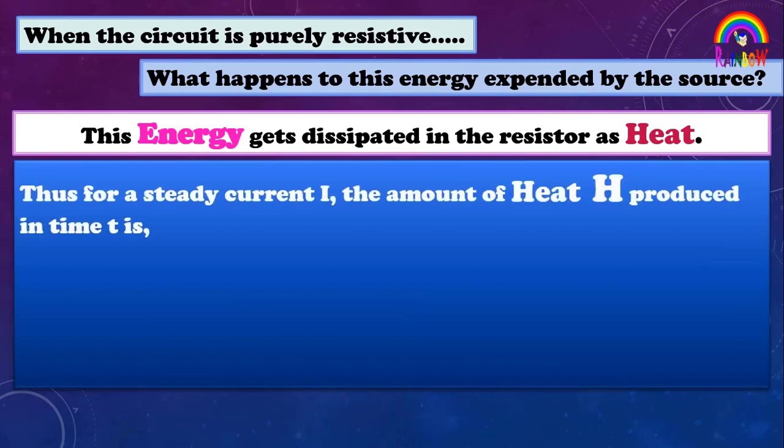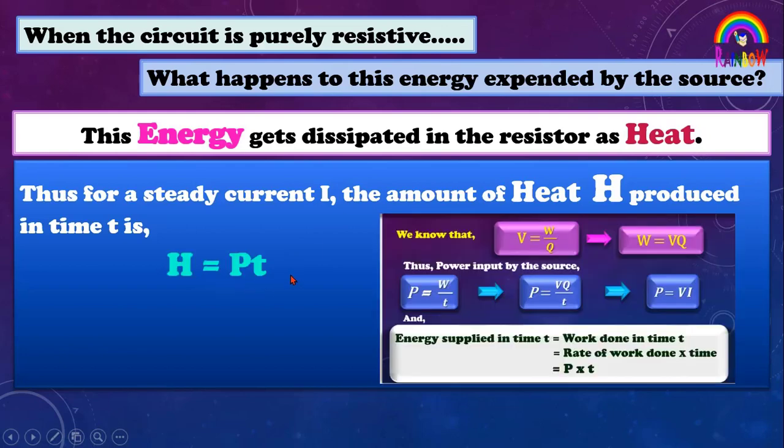So, for a steady current I, the amount of heat H produced in time T is H is equal to PT. This is because, just see this slide. Here we have written energy is equal to P into T. And in this case, since all this energy is converted into heat, we can write it as heat energy H. So H is equal to PT.